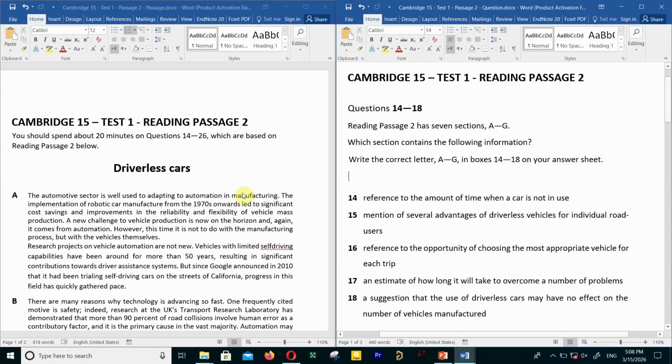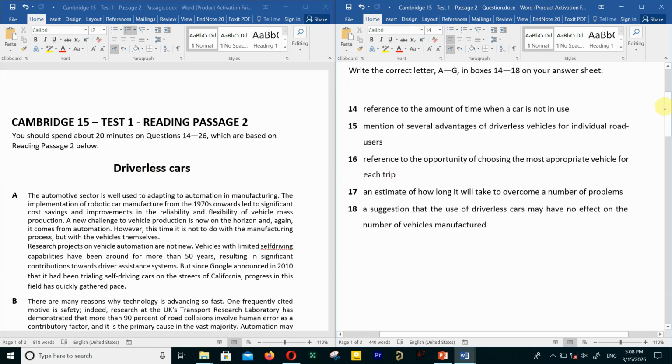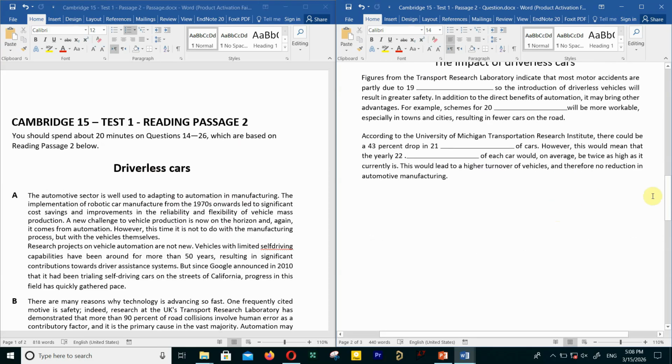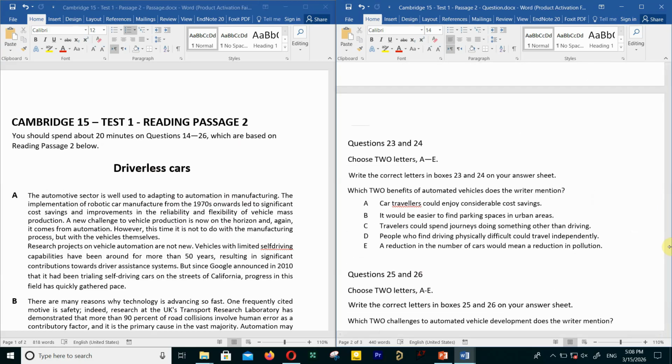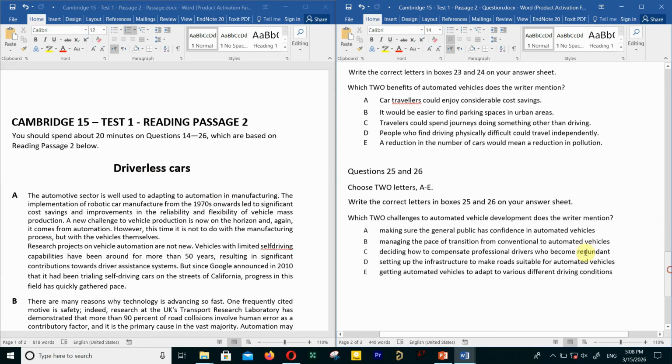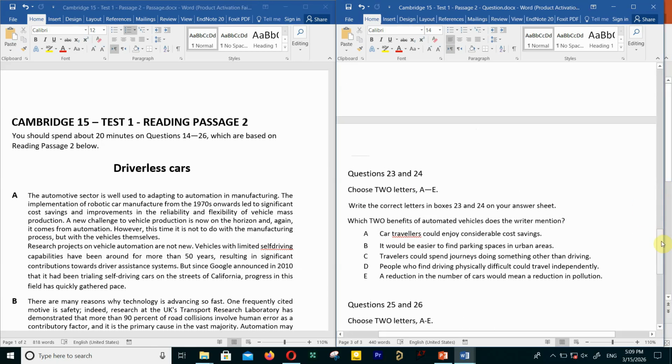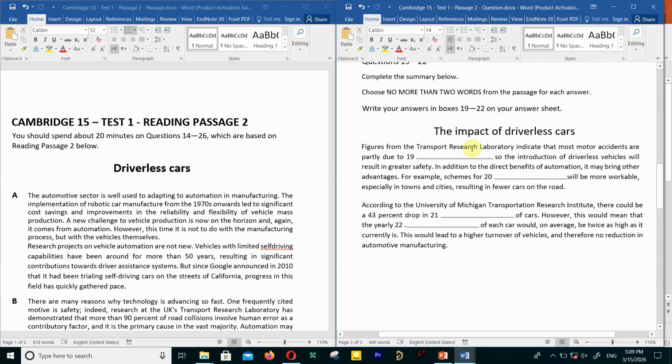But if I'm going to solve this kind of test, first I'm going to go through all the questions, for example, questions 19 to 22 and these questions. These questions are hard to answer, but I'm going to start with this question.